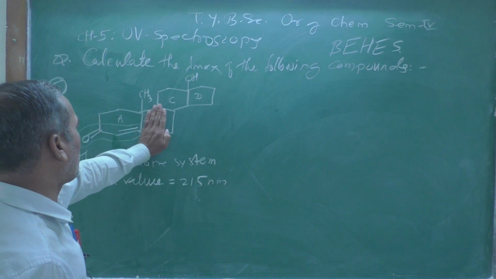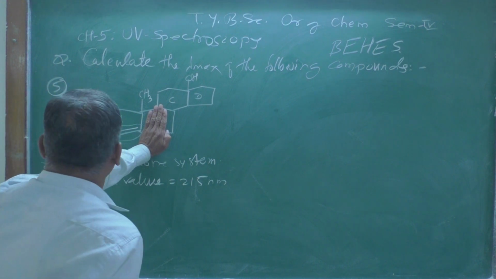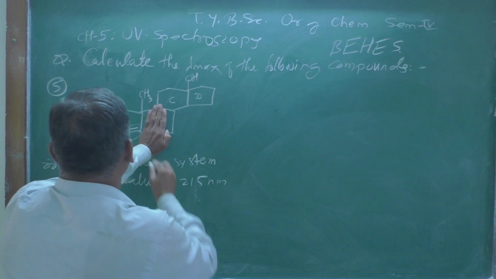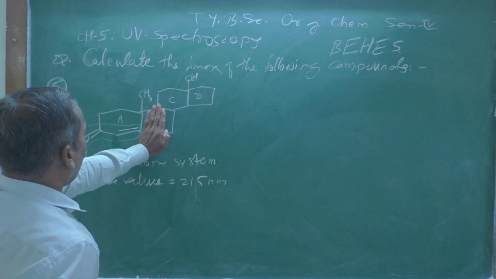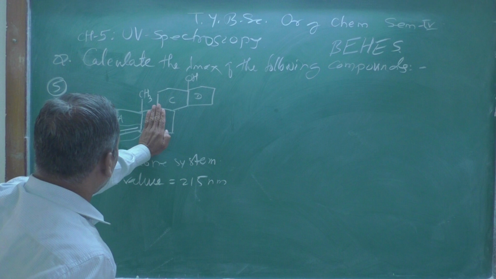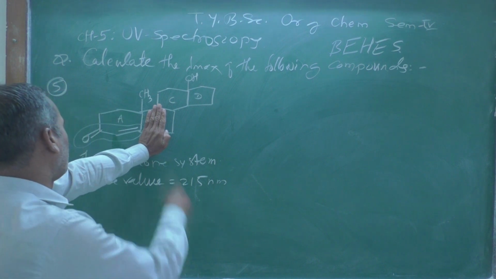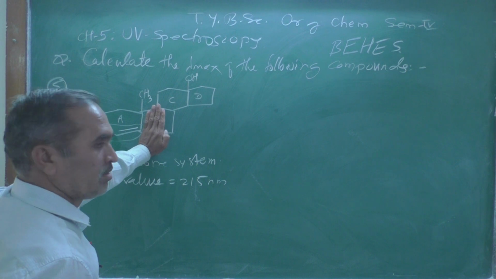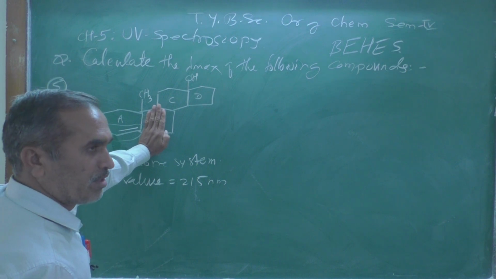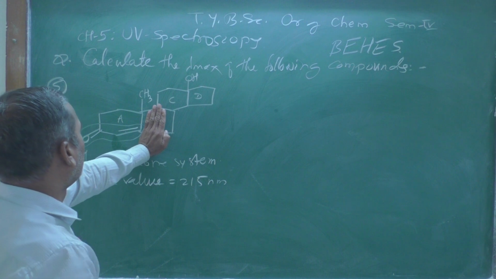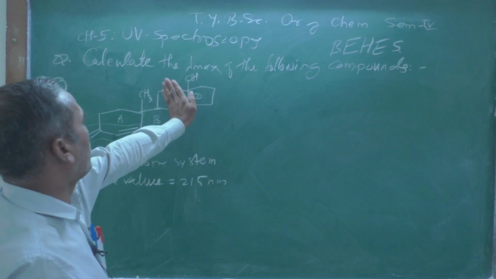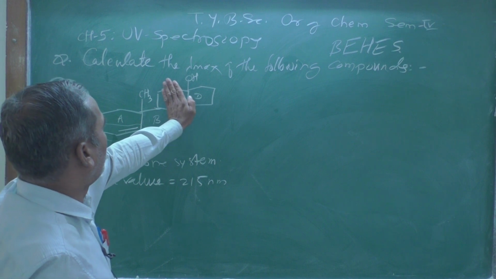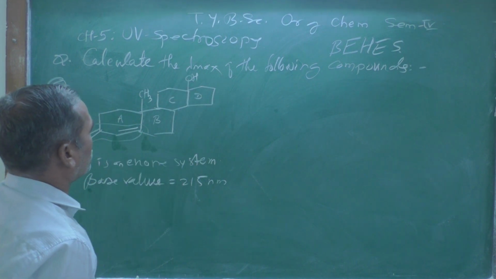Now put your hand on B. What do you observe? You can clearly observe there is one exocyclic double bond present here. In ring A there is one bond which is outside the ring of B, and if you put your hand on C, you will find there is no double bond outside the ring.